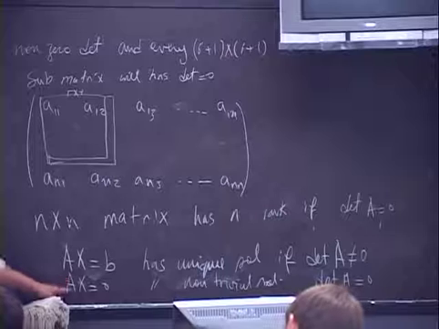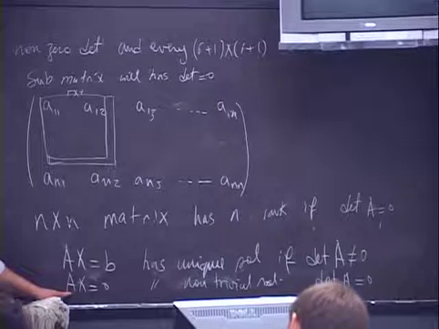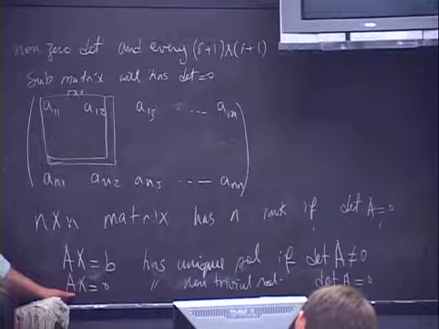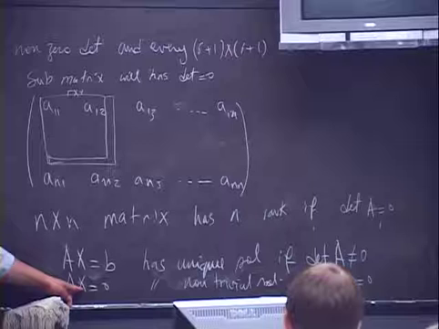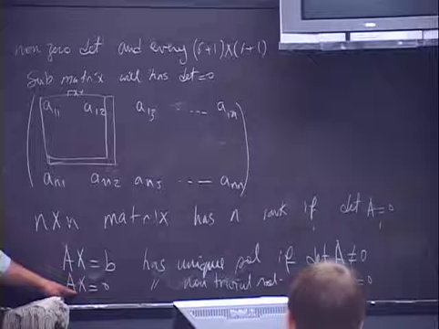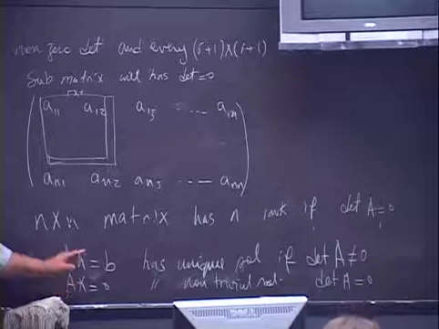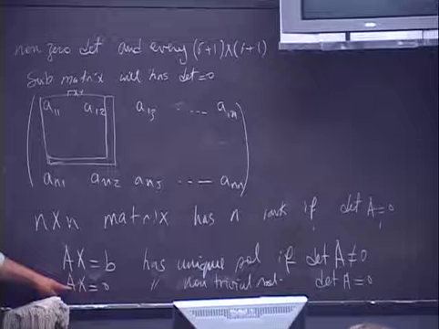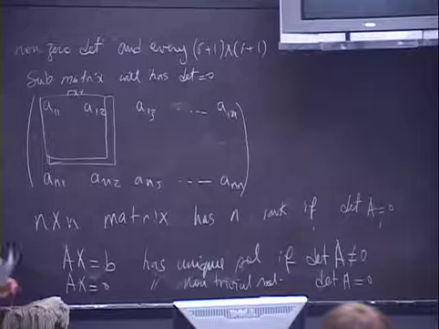Let's say the determinant of A is 3. So you multiply something by 3 and it gives you 0. So X should be equal to what? 0. And this is the trivial solution. So if the determinant of A is not 0, this will give you the trivial solution. In order not to get the trivial solution, you have to have the determinant of A equal to 0, so that X is not equal to 0. Okay?